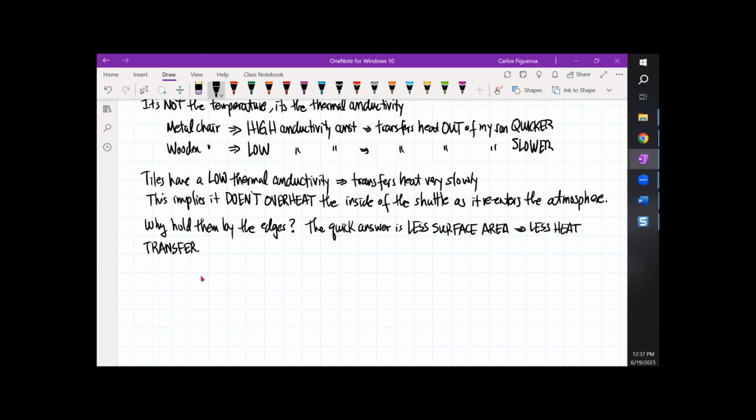In other words, the corners and edges cool quickly because they're surrounded by the cold air of the room. When I say the cold air of the room, relative to the cube, due to the low conductivity of the material, the corners are effectively isolated from the rest of the cube. It's just not good at transferring energy, just like the wooden chair wasn't good at transferring energy, where the metal chair was.